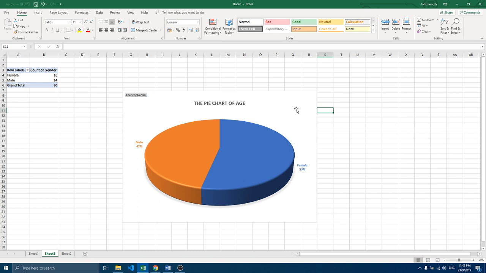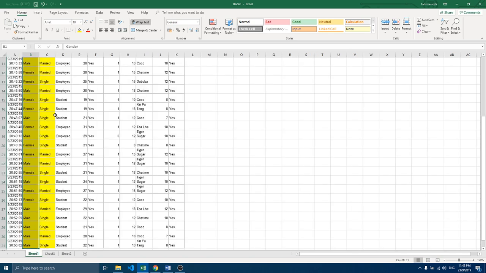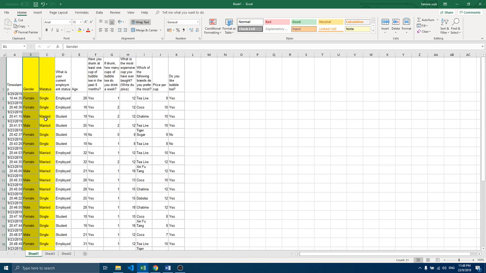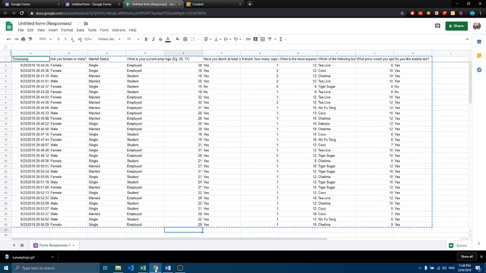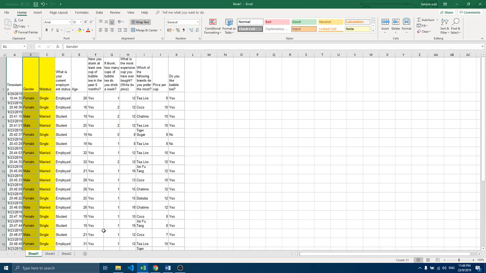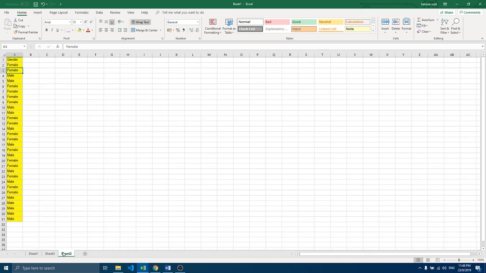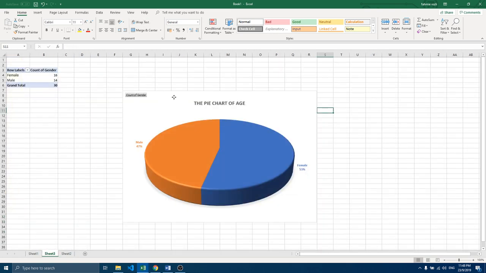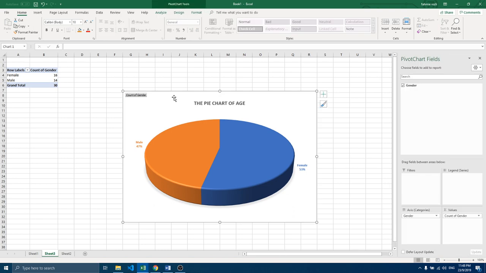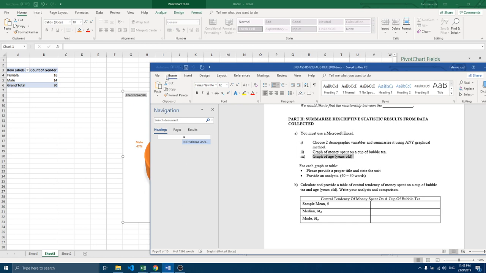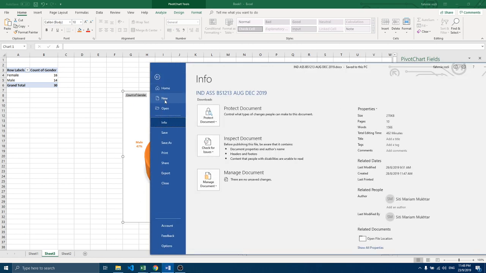Okay, so do the same thing, repeat the same step for marital status because we need two demographic variables. So from here, okay, just click, Control C, which is copy the table, and open your Microsoft Word.